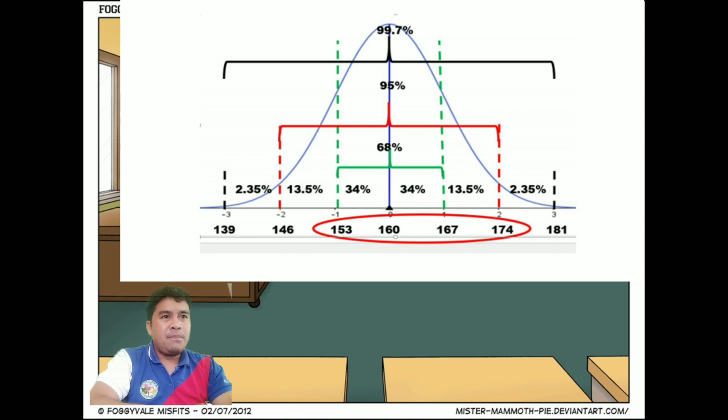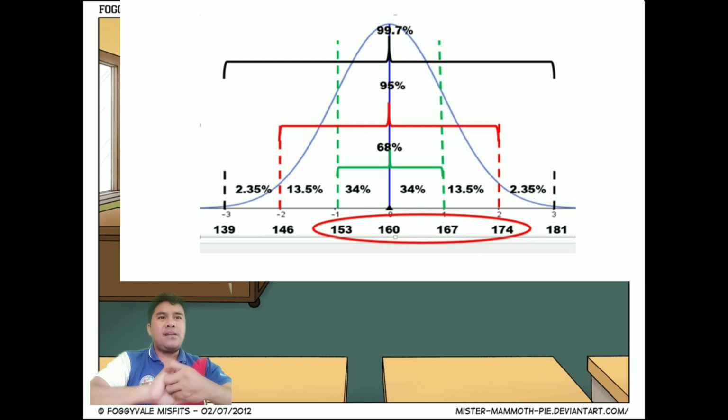Then 167 plus 7, that is 174. 174 plus 7, that is 181. And to the left of our mean is 160 minus 7, that is 153. And 153 minus 7, that is 146. And 146 minus 7, that is 139.